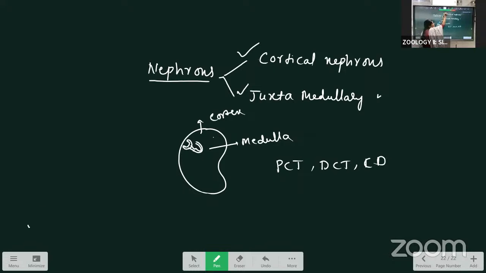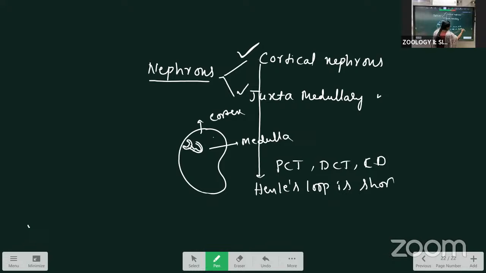But in the cortical nephrons, these are present in the cortex region only, and the Henle's loop is short. Most of the part of the nephron is present in the cortex region only. That's why we call it a cortical nephron. A major number of the nephrons belong to the cortical nephrons only.